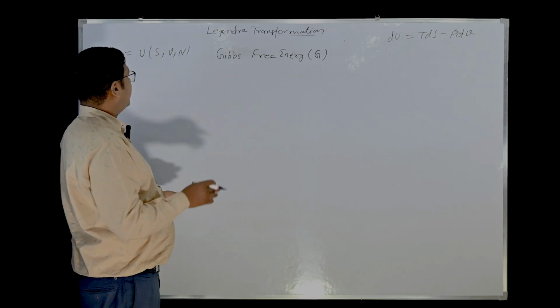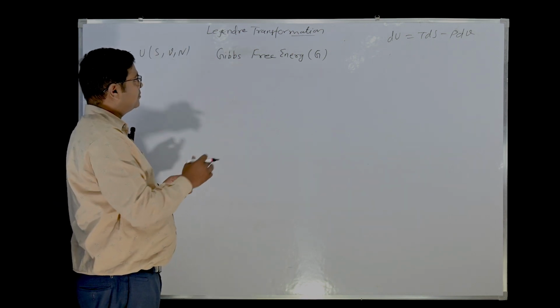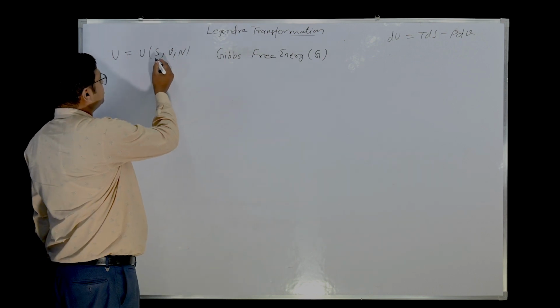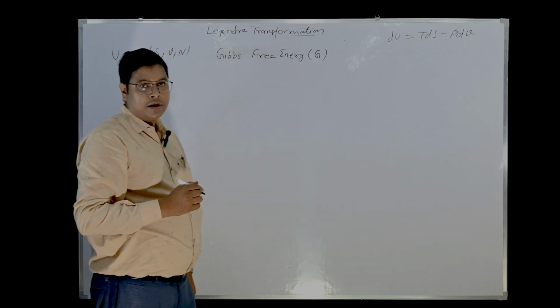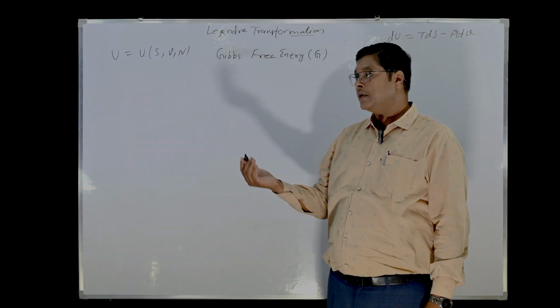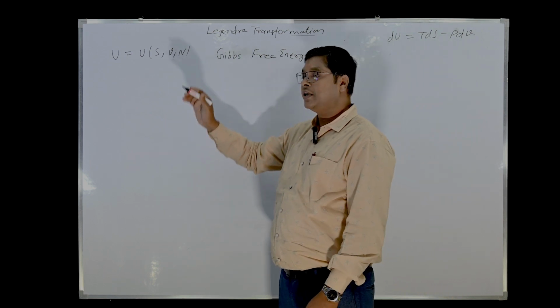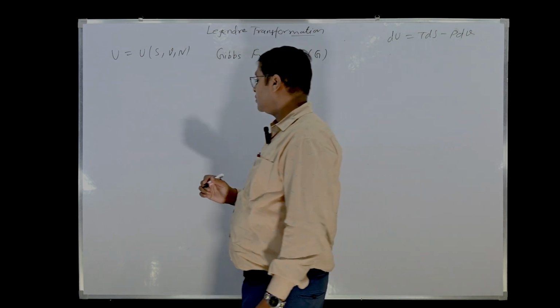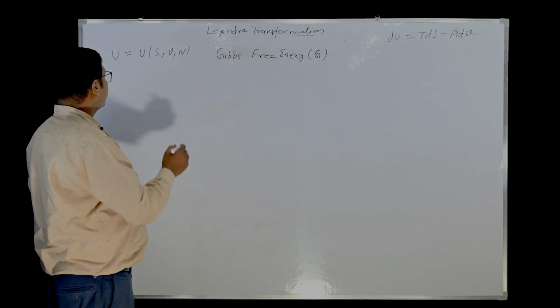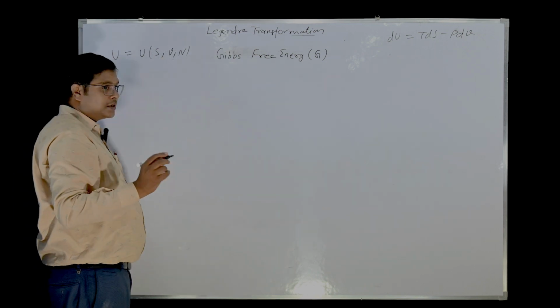In the previous elaboration, we changed only one variable at a time, like temperature in place of entropy. This time I will change both variables simultaneously.